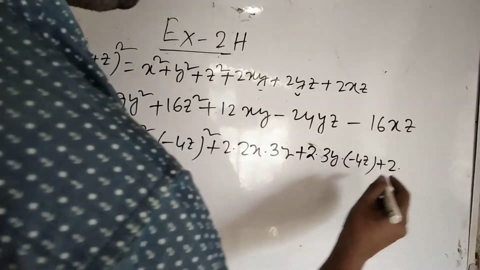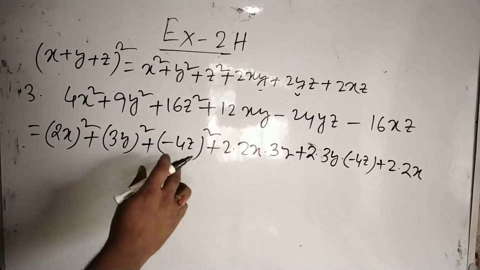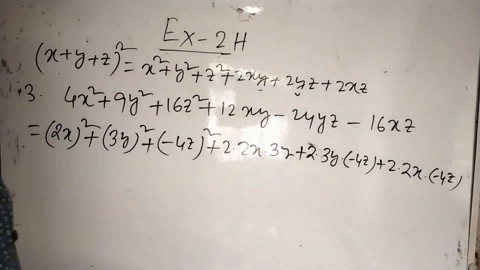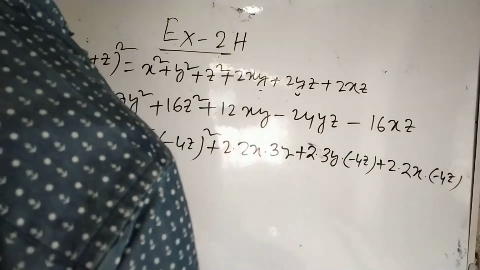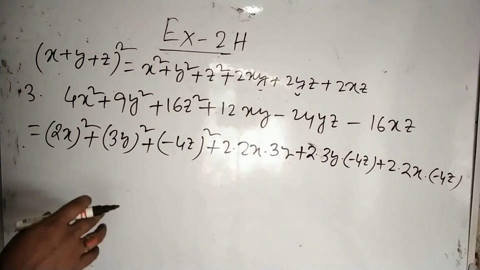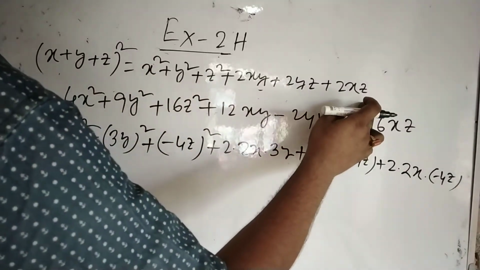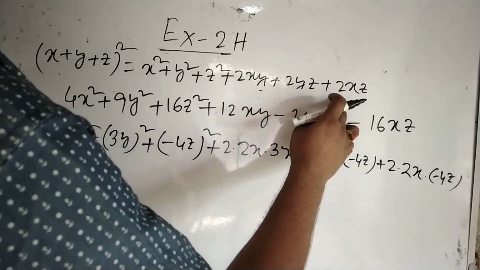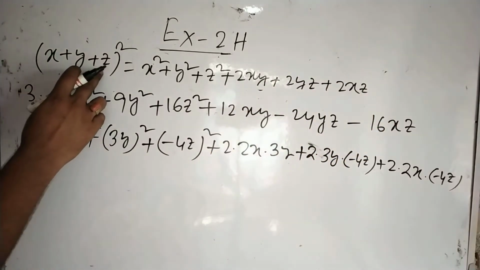Last one, plus 2 into first term 2x into last term minus 4z. Check plus into minus, 2 4s are 8, 8 2s are 16, 16xz. So this expression and this expression, they are identical, but we can compare the last line with this part. x square plus y square plus z square plus 2xy plus 2yz plus 2zx, that is (x plus y plus z) whole square.